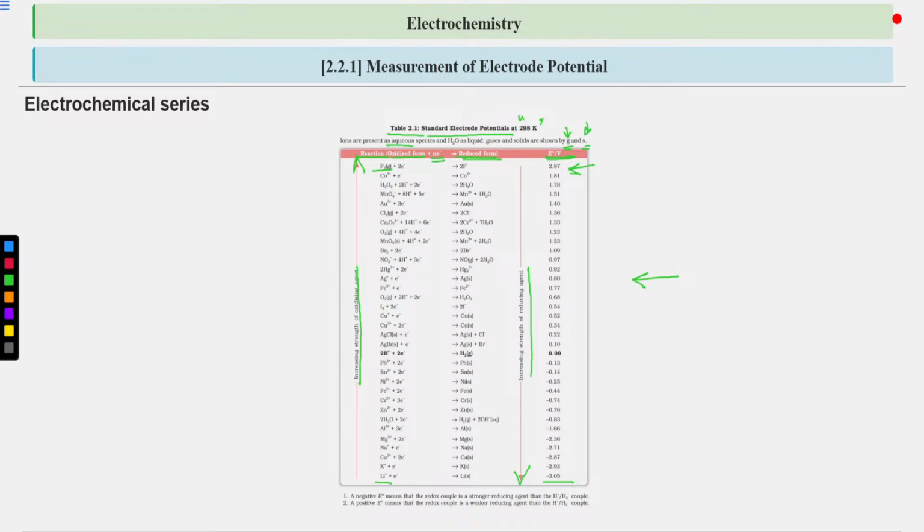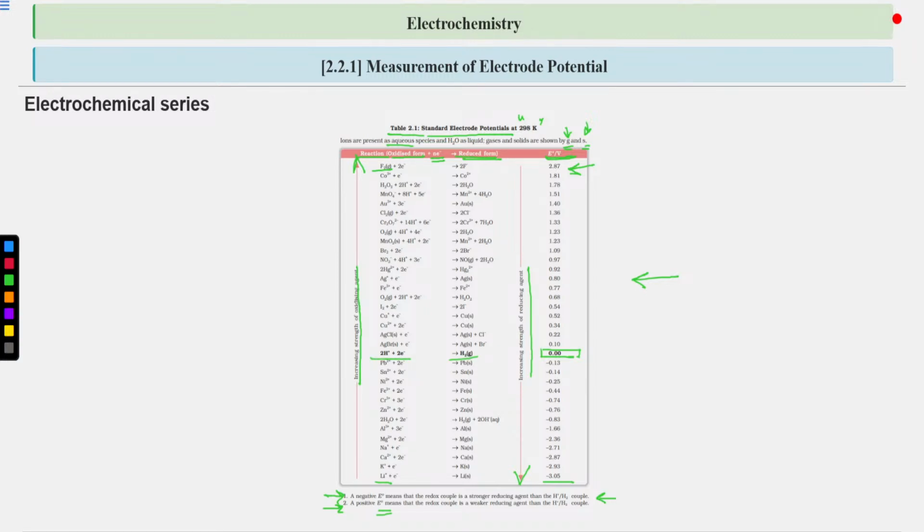Okay, here 2 points are mentioned. First, a negative E naught means that the redox couple is a stronger reducing agent than H positive or H2 couple. And secondly, a positive E naught. You can see that we have positive and negative E naught, but we have here 0 E naught value, which is for the H positive H2 couple.